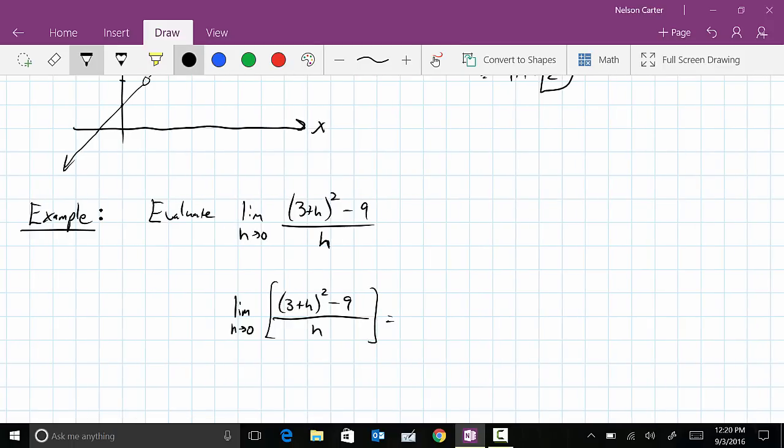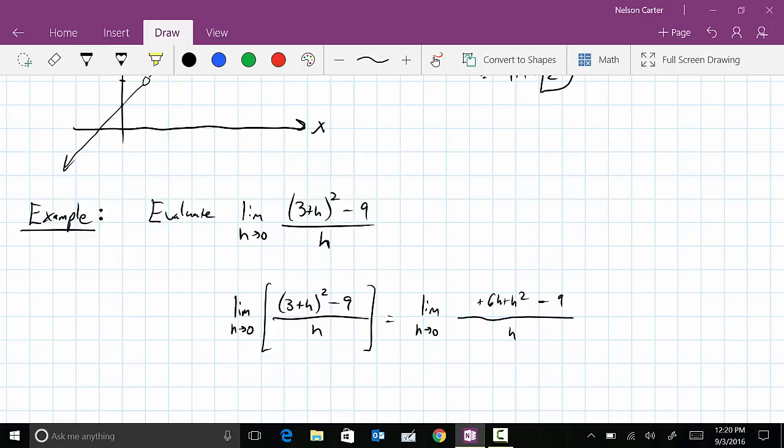This is the same thing as the limit as h approaches 0 of, and let's go ahead and expand this binomial. So we have here 3 squared plus 6h plus h squared, and then that's minus 9 all divided by h.